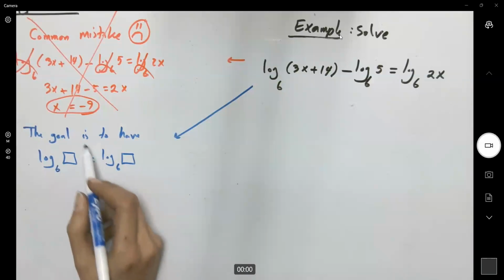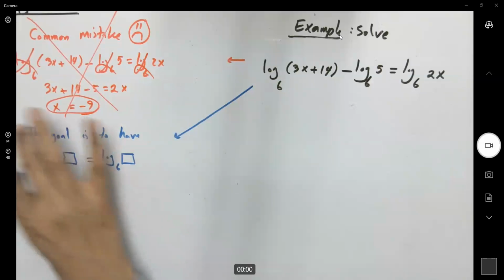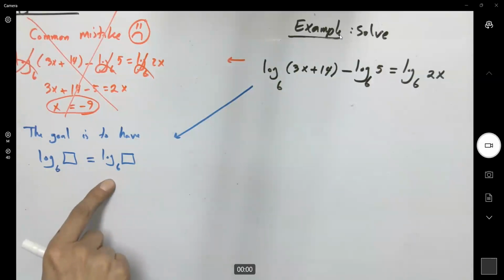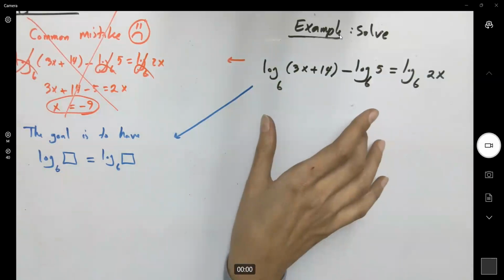Then you're allowed to cancel out the logs. So my goal is to have just one log on the left, one log on the right. If it's 3 logs, I'm not allowed to cancel them out. It's a common mistake.